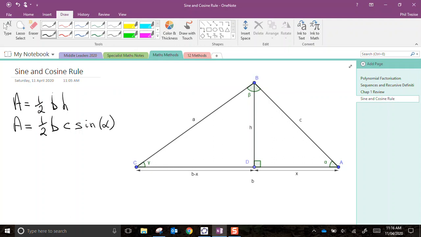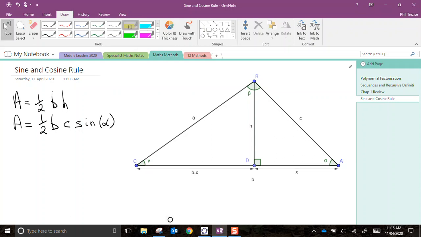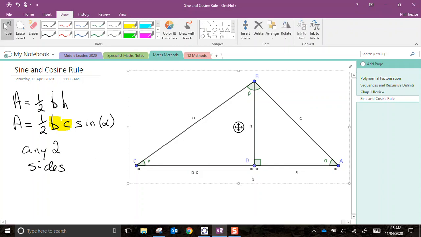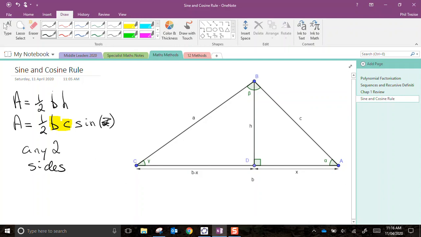Now here's where it starts to get a bit interesting. I make a note that side b and c are really just any two sides of the triangle. There was nothing special about side b and c.